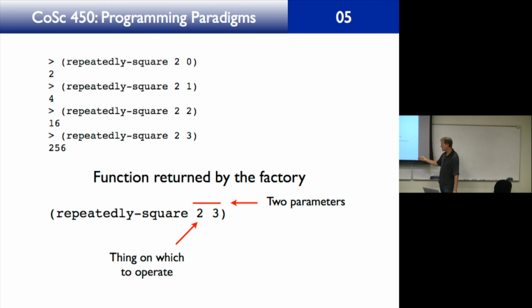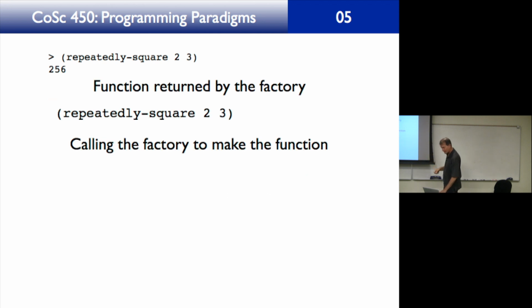The 2 is the thing on which to operate, which in this case is the base, so you were right. And what's the 3? Number of times you operate. Yes, that's how many times. How many times to operate? Are we good? So this is the thing on which to operate, and this is how many times to operate. Right? Okay? And that's the function returned by the factory.